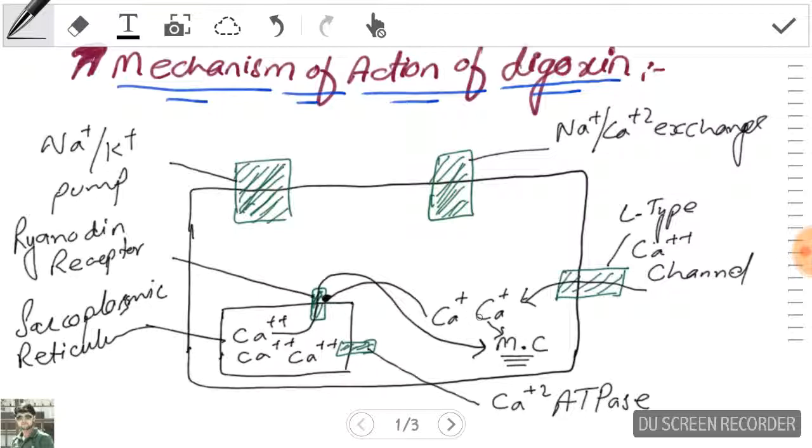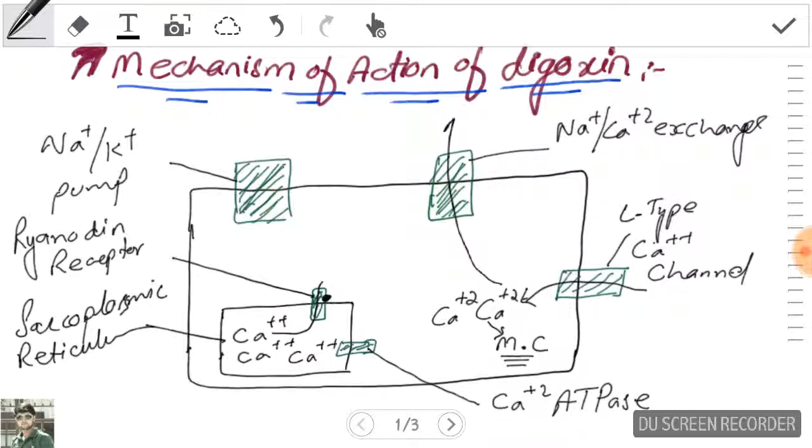And after depolarization, after the contraction, the cell will come back to its normal state, and in this condition the calcium which entered the cell will start to move outside the cell.